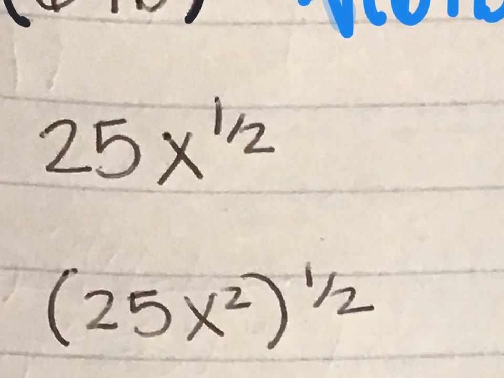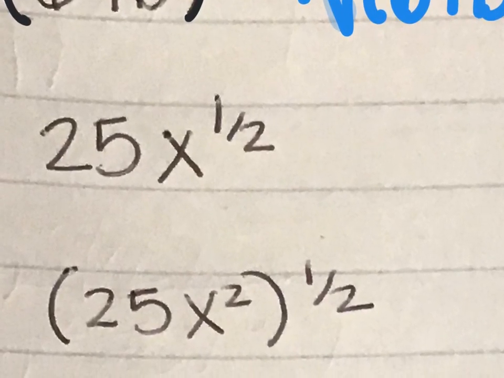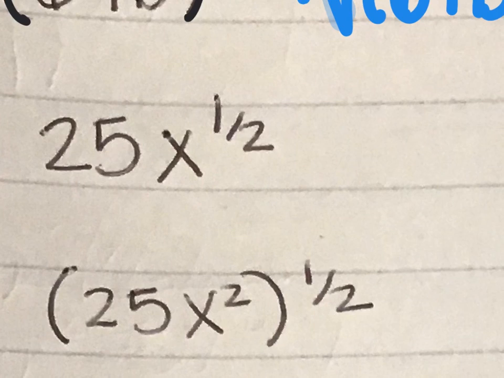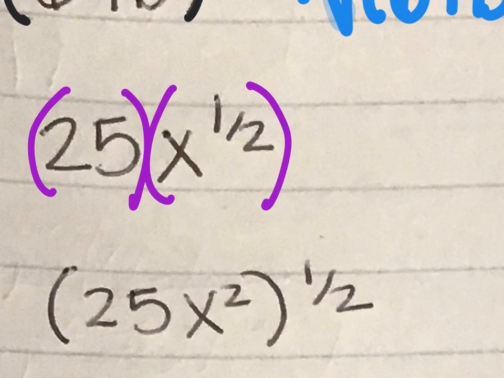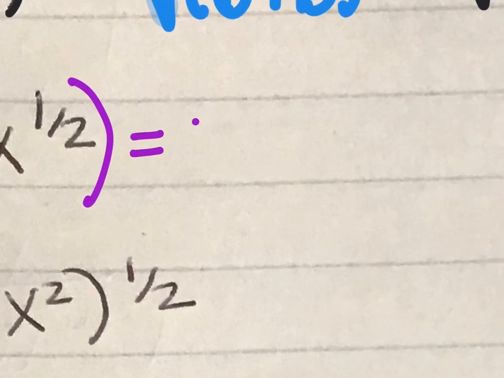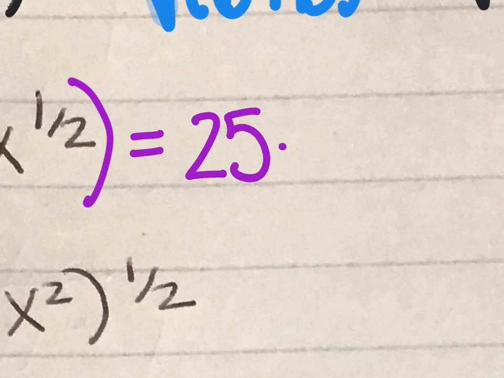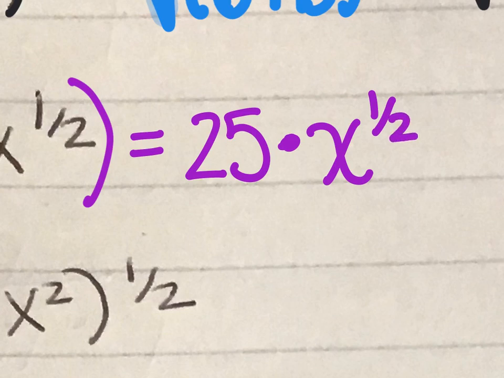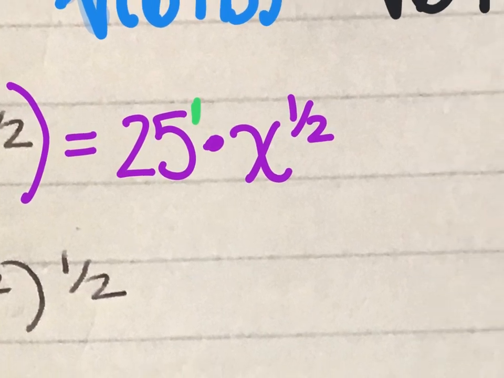Looking at our next example, 25x to the 1/2. I need you to recognize that these are 2 separate things. Therefore, we can rewrite this as 25 times x to the 1/2. Notice that the 25 has its own exponent.